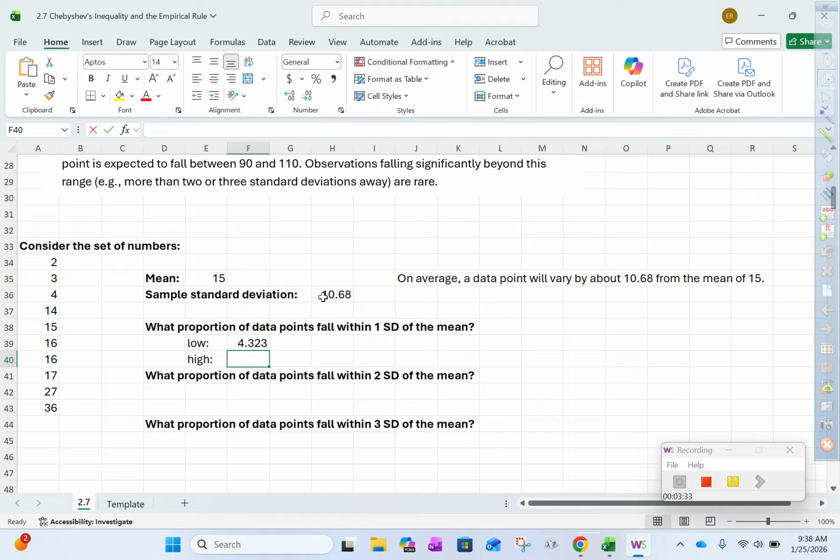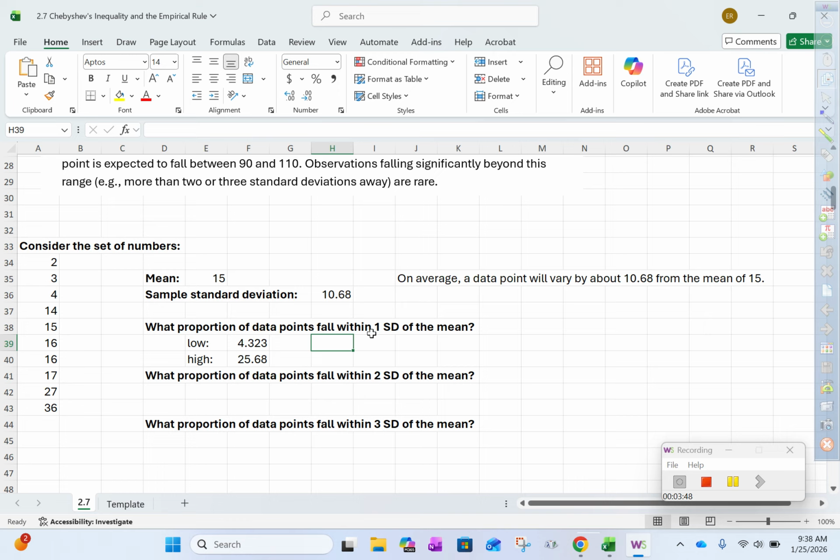And then on the high end, we're going to do the same thing, but we'll be adding it. Okay. Anytime you get behind here, just pause the video. Okay, you can rewind and watch again. Okay, but we're going to move through here and talk about this interval. So we have between 4.3 and 25.68, and we're looking at what values fall between there.